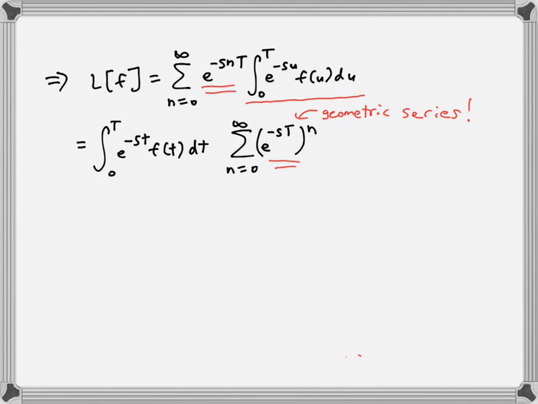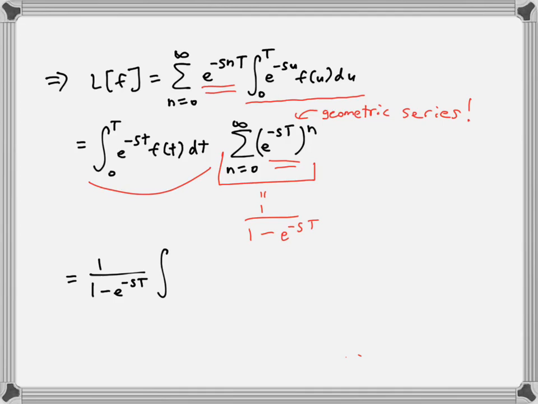So this equals, the first term is 1, and then we have 1 minus the ratio, which is e to the negative s capital T. And so I get this integral times that constant, and I'm going to pull that constant out in front, and then I get exactly this. Okay, and we get our result.